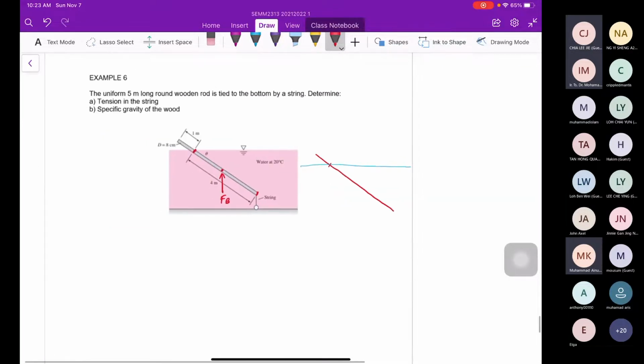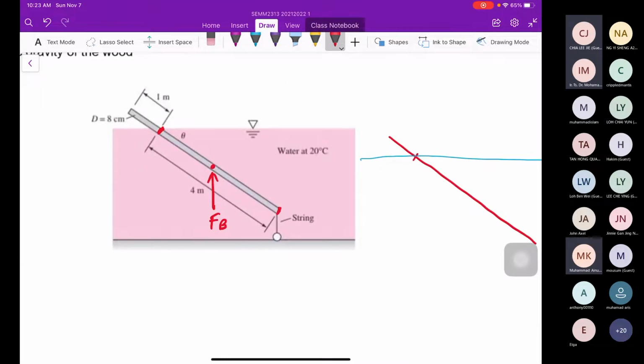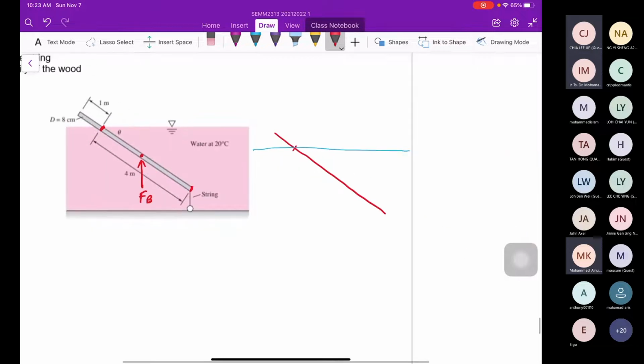Okay, all right. So we need to draw the free body diagram. I draw here. Okay, you can see we have the force. Okay, let's use a different color. This is FB. So what other force involved?